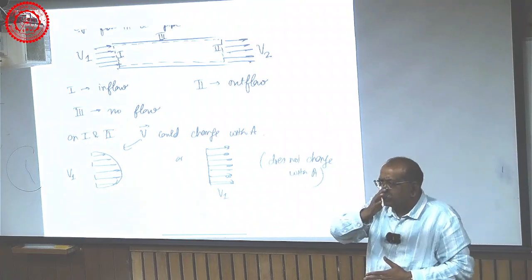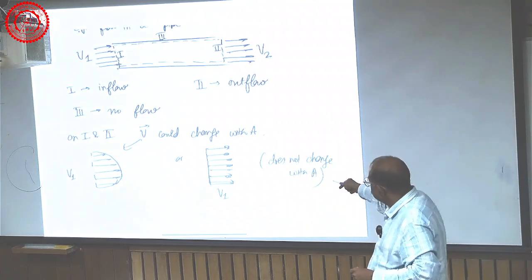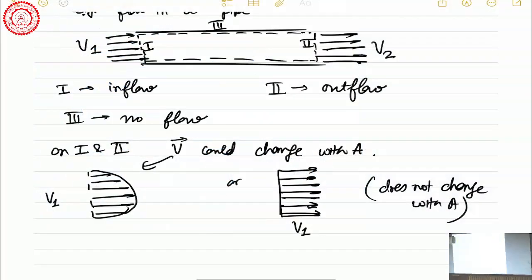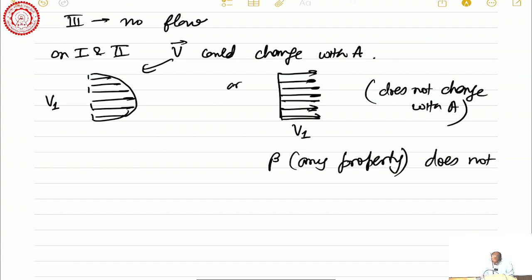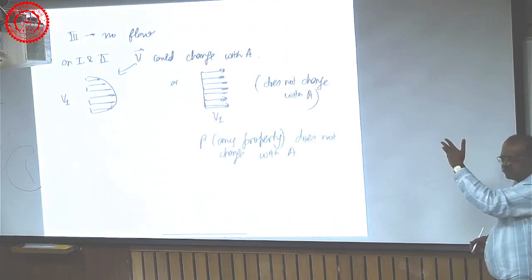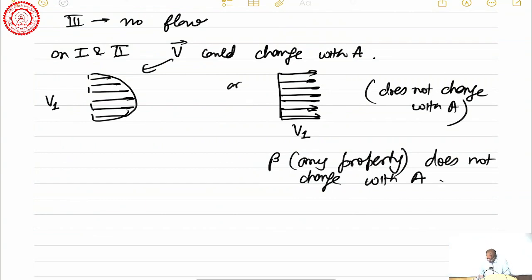The velocity does not change with A. That means over the entire A1, velocity is constant. Now, for such a situation, the second one which I have described, if any property does not change with A, then we say this is a one-dimensional flow.